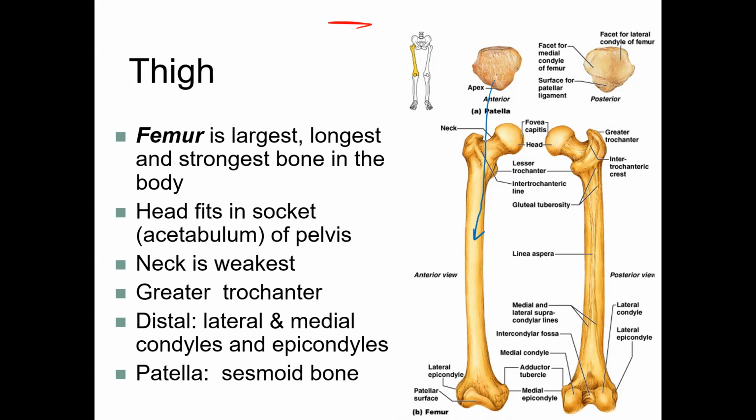Which means this part here is bearing a lot of weight, and it is running through the neck, right? So the neck has to be fairly robust to resist the pull of gravity and the weight of your body, right? I'm not going to worry so much about the condyles and epicondyles here, right?